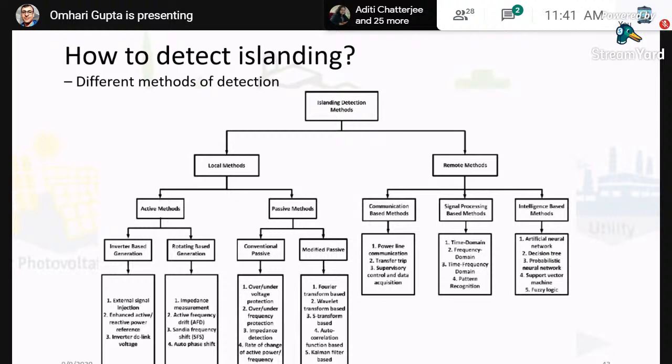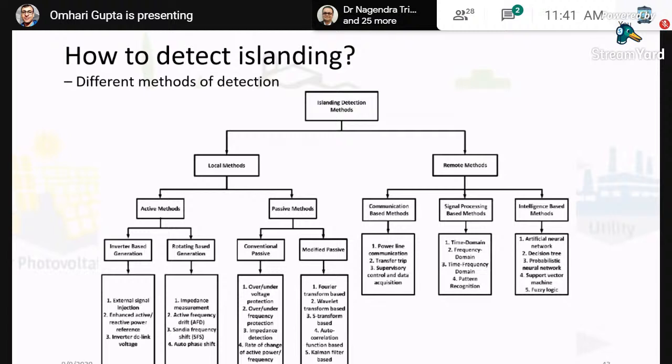Okay. In inverter-based generation, external signal injection, enhanced active reactive power reference, inverter resealing voltage, a few methods are also there. Similarly, for rotating based generation, there are several methods. In remote techniques, communication based, signal processing based, intelligence based.